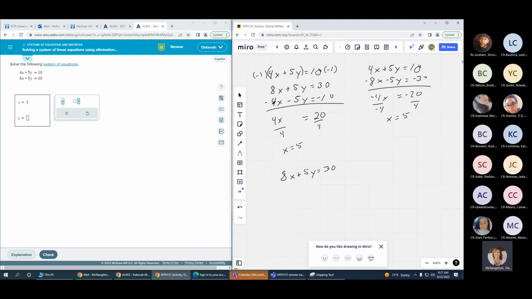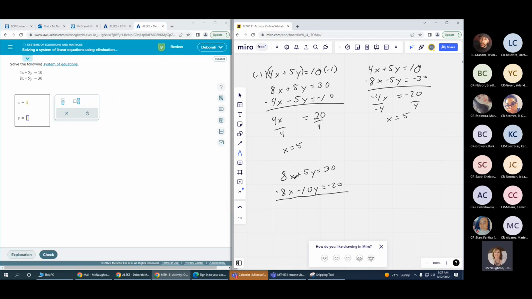And then if I multiplied the first equation, 4x plus 5y equals 10, by -2, I'd get -8x minus 10y equals -20.